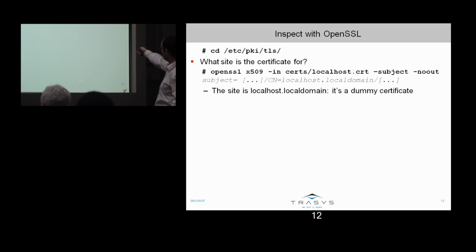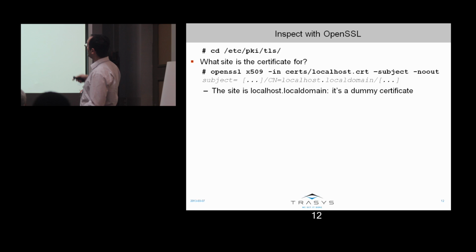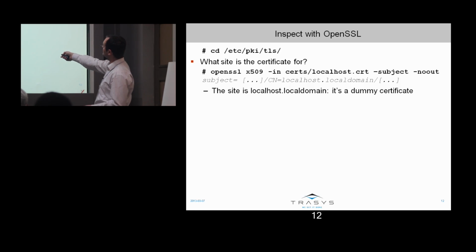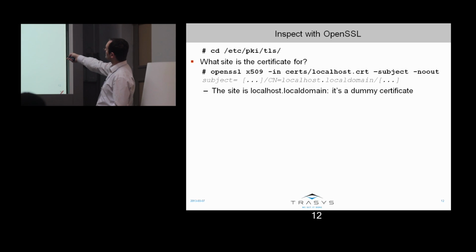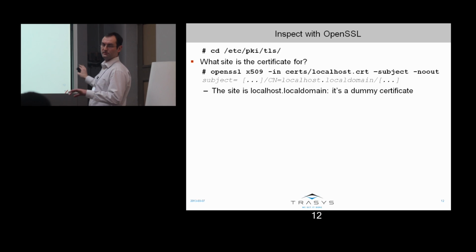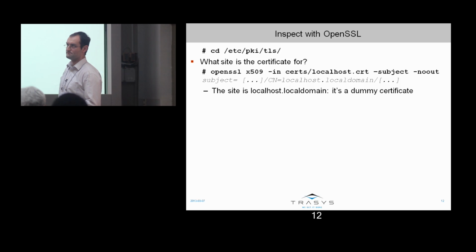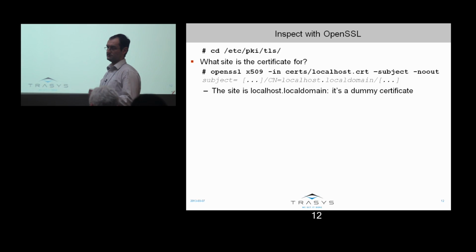And what we want to see is the subject from that certificate, and we don't want to see the certificate itself on the output. And the output is going to look like this a little bit. Subject, then some information there, /CN=localhost.localdomain, and / more information. I've omitted the parts that are not relevant to site certificates.